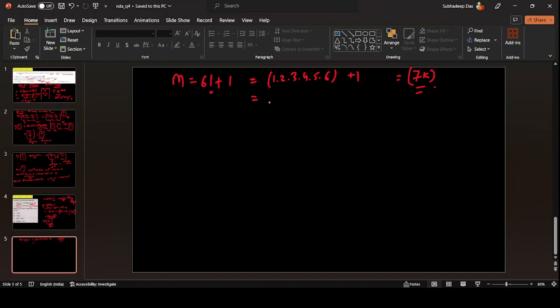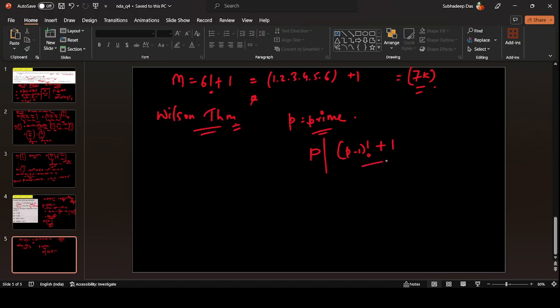Now we use a great theorem, Wilson's theorem. It actually helps us in solving this problem, and it states that if p is prime, then p divides (p minus 1) factorial plus 1.